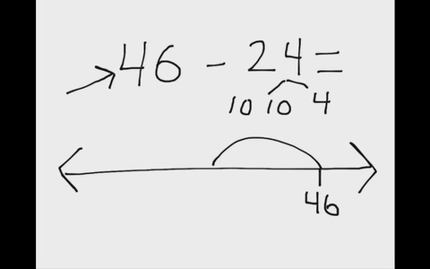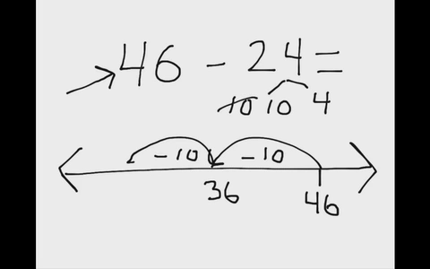So we're going to jump by 10 backwards. So it's going to say minus 10. And 46 minus 10 is 36. And we're going to jump back another 10, trying to keep those even jumps since they're both 10. Sometimes I teach the kids to cross out the 10s as they use them so they remember. 36 take away 10 is 26.